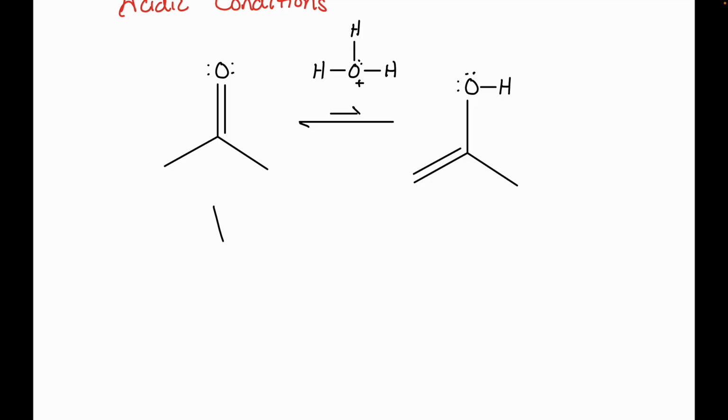Okay, what's going to be the first step here in our mechanism? Under acidic conditions with these oxygens, we saw this when we were talking about our nucleophilic addition to aldehydes and ketones. We saw this when we were talking about alcohols as well. Our first step here is going to be to protonate that oxygen.